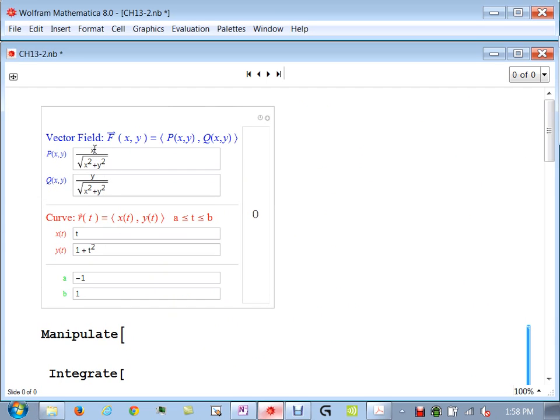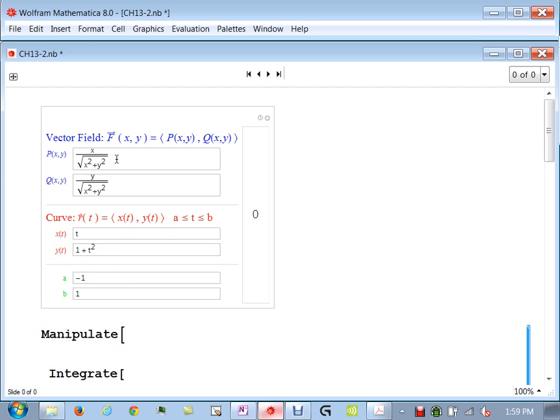Remember the vector field? I gave you the vector field x over the square root of x squared plus y squared, y over the square root of x squared plus y squared. Then the curve was the parabola, t, 1 plus t squared, and t went from -1 to 1.